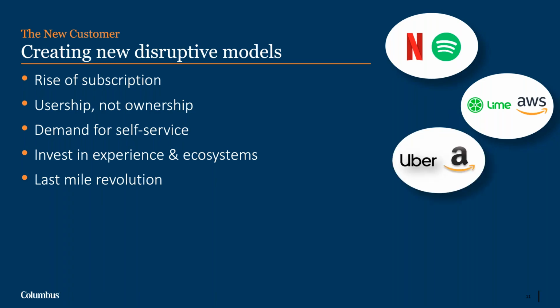Then we have the growing demand for self-service, a win-win situation for both customers and companies. Here, great technology minimizes, for example, the need for a well-staffed customer service department and so on. An example here would be Uber and Amazon, where virtually no interaction with a human is done between them and the customer.